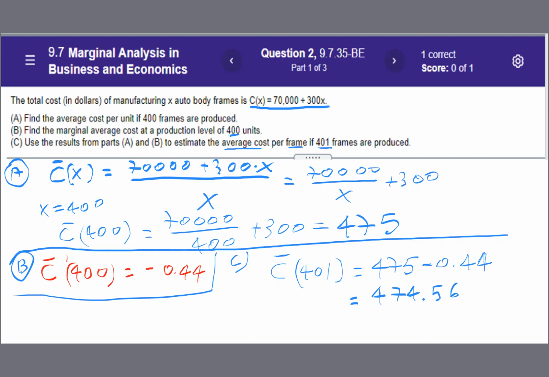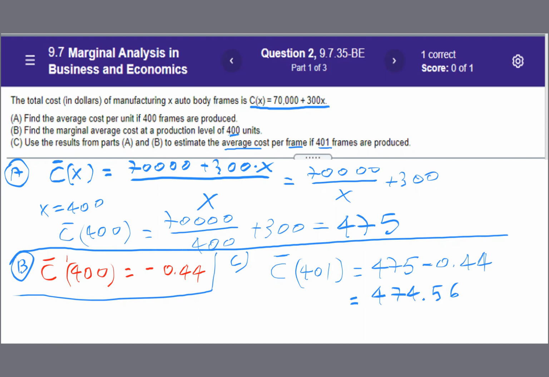So again, because we found the marginal average cost, which tells us how the average cost changes when producing the next unit, the average cost is decreasing by 44 cents when we are at level 400.